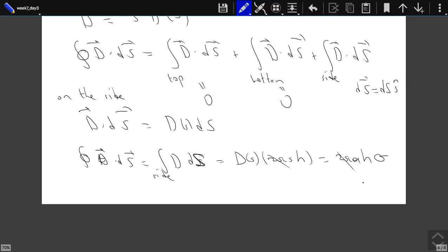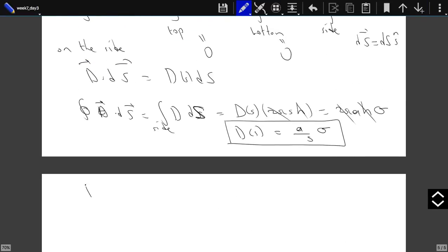Well, if we make the cancellations, the 2 pi's cancel, the h's cancel, D on the side is just a over s times sigma. Or I can also write this as 2 pi a sigma over 2 pi s. Now, the reason why I wrote it like this is 2 pi a times sigma is nothing but the charge per unit length of the wire.